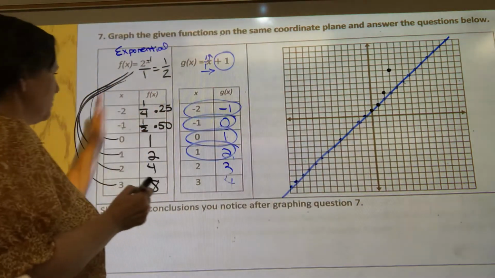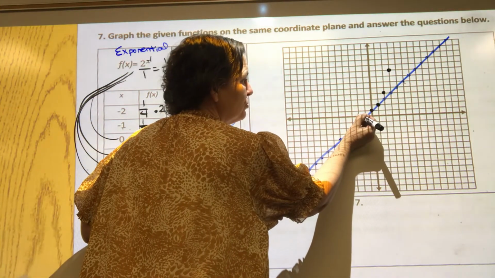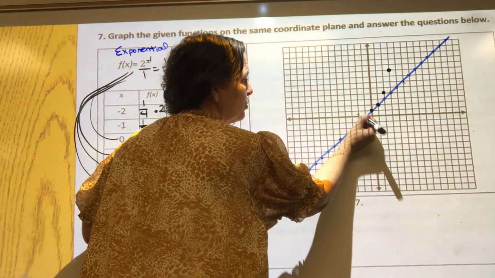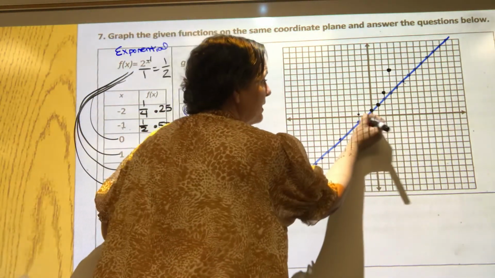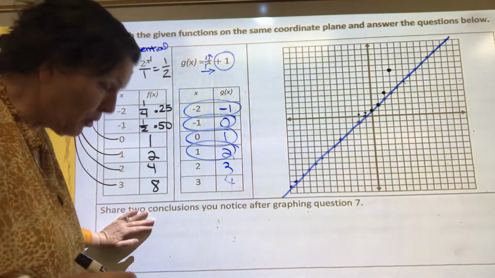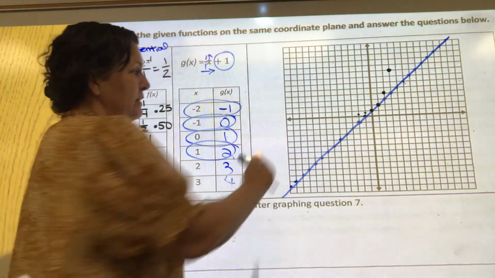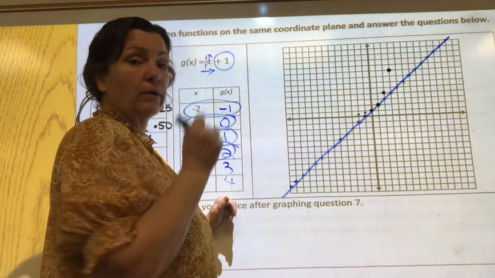Cool. And then we have these ones, which are very interesting. So at -2, you're at a smidge. The word smidge is just a really small number that's under 1, okay? And then the next one, you're at a bigger smidge than before. And remember when we practice graphing these, this is an invisible boundary that can't be crossed by this black graph.